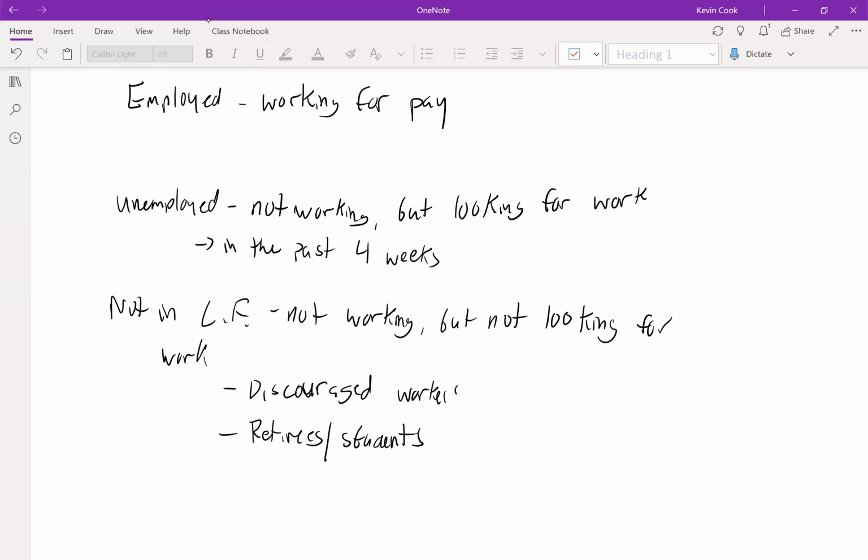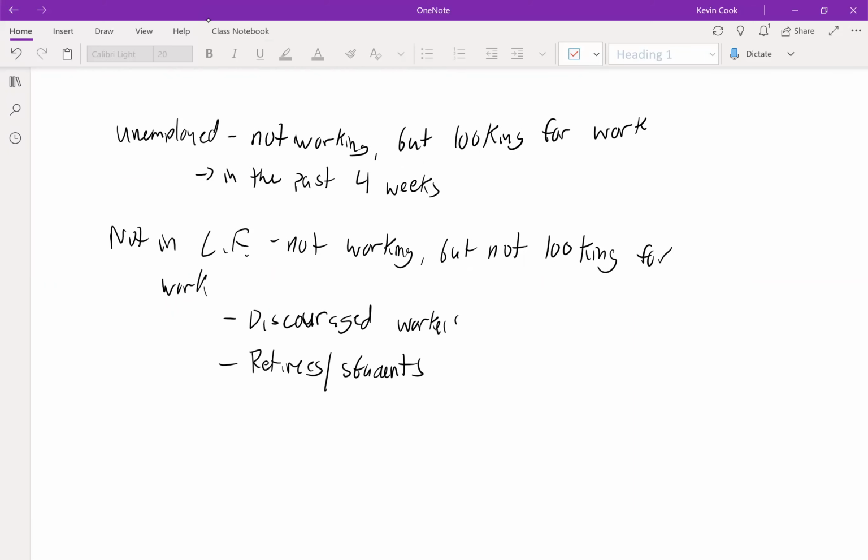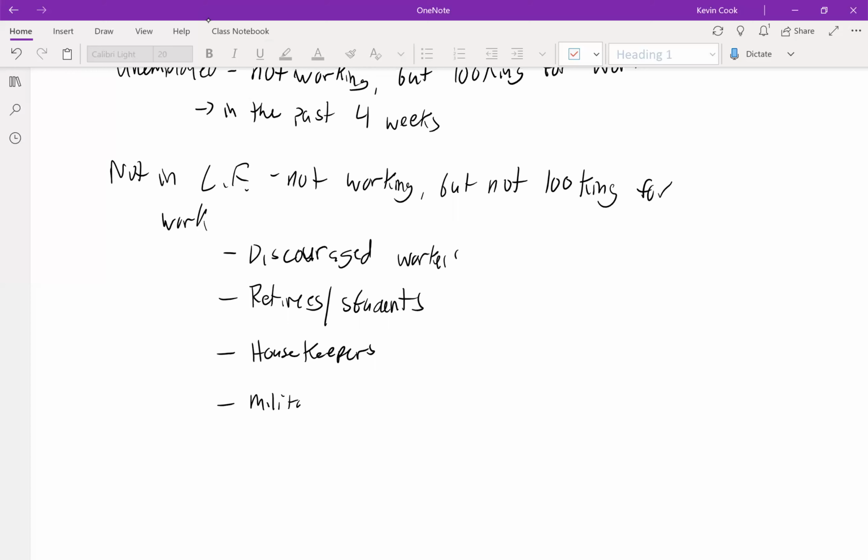And again, just two sides of your career. That's pre-career, post-career. We had housekeepers. So if you just stay home and take care of the house, you're not in the labor force. Then the last group was our military. And again, because the military can play by some different rules than the rest of the labor market gets to.